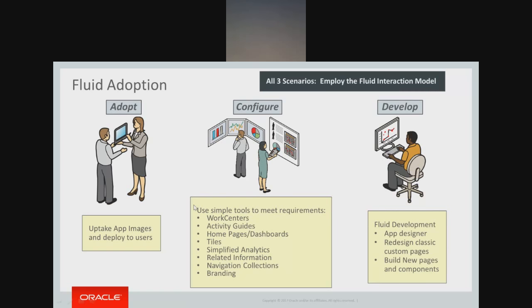So there's the configuration option. And finally, what a lot of you may be doing here is developing Fluid pages. So I just wanted to point out that there isn't any one way to adopt Fluid. It's going to be a combination of methods through configuration, adopting the latest releases, as well as developing your own.